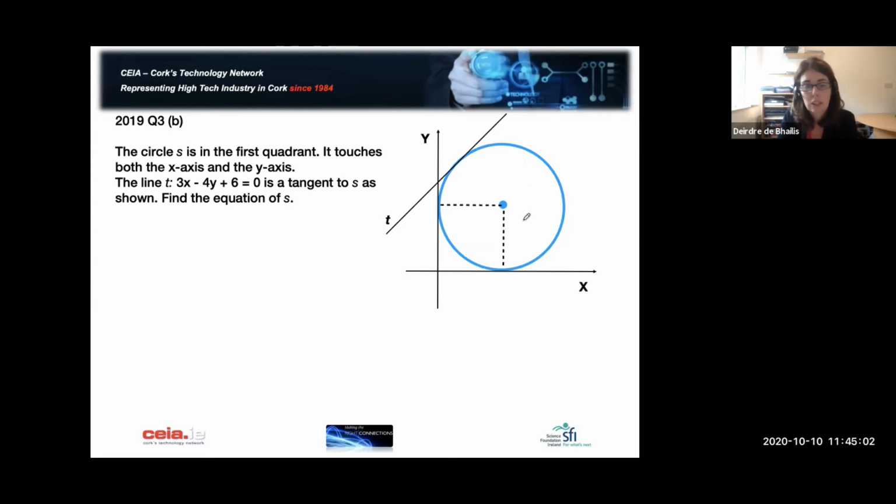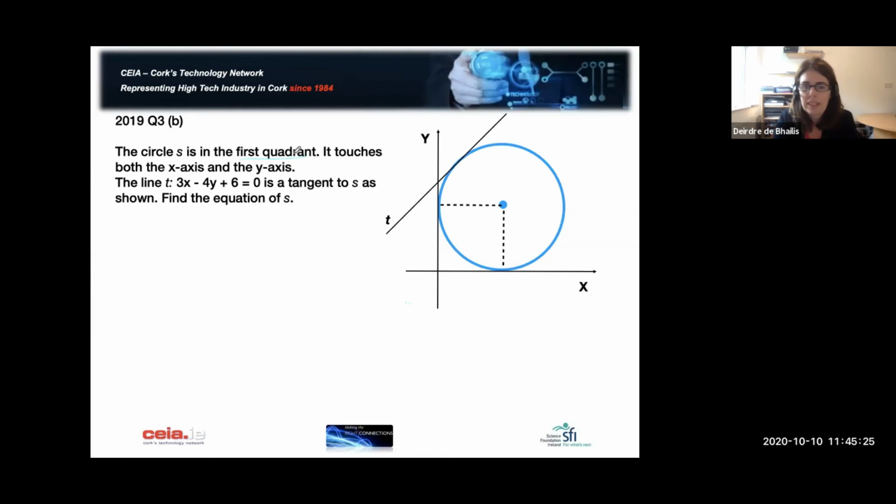And that is actually important in this question, because if we solve and we find negative numbers, they're going to be out in some of the other quadrants. So the first quadrant means every solution we find needs to be positive. So as I said, there's no redundant words in any of these exam questions.